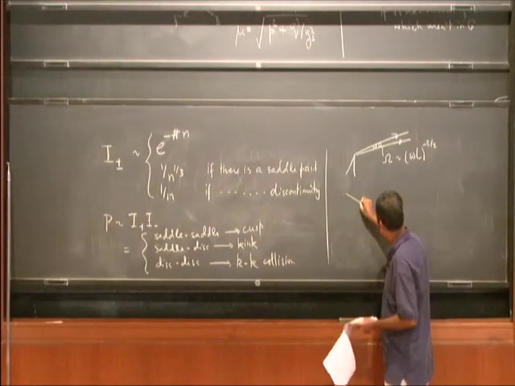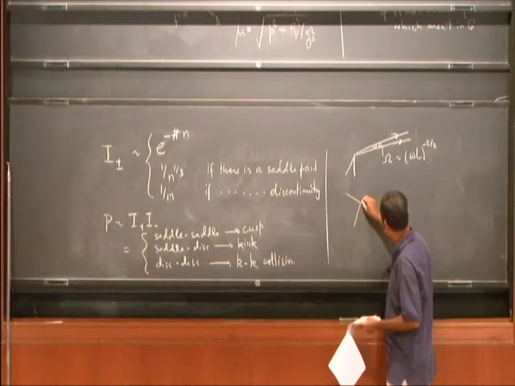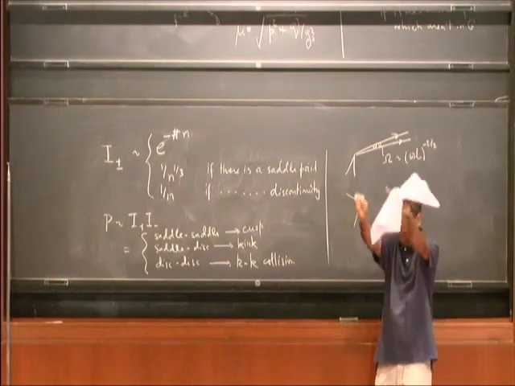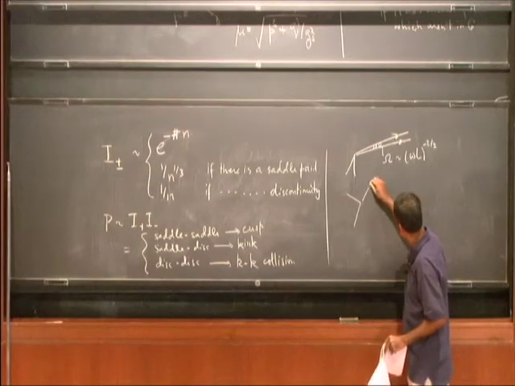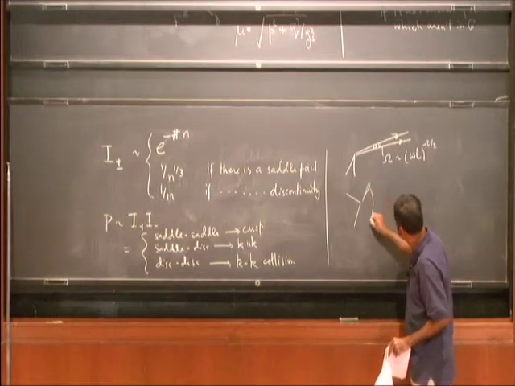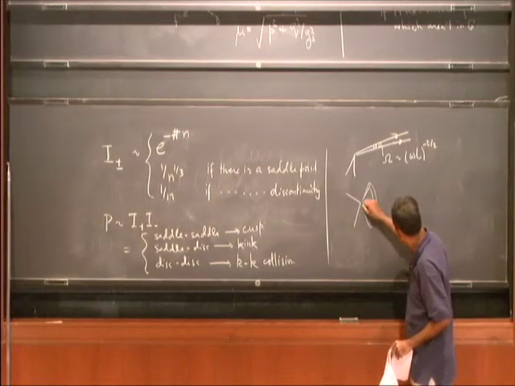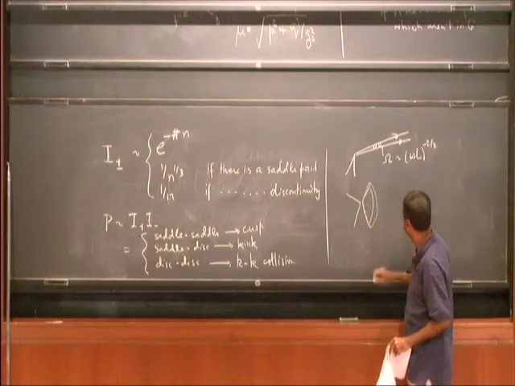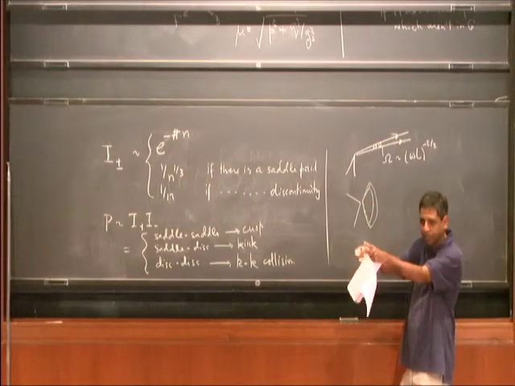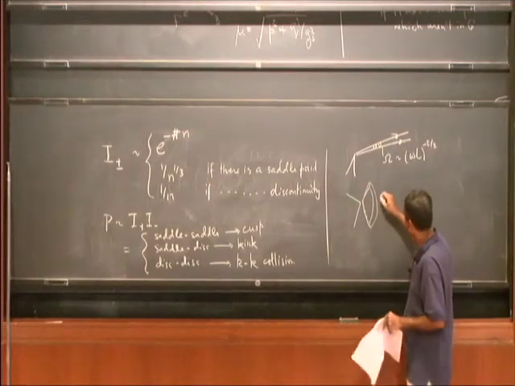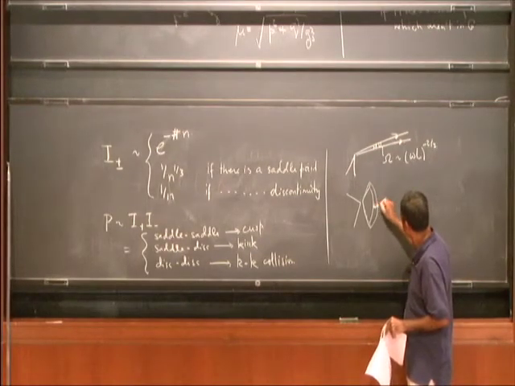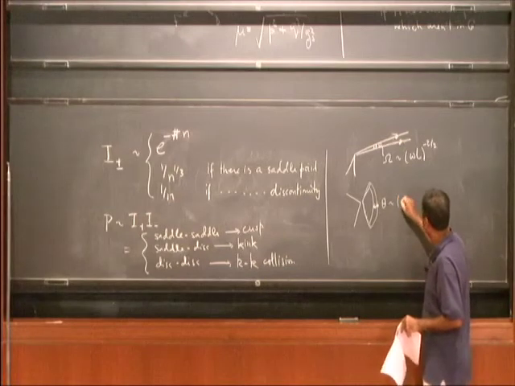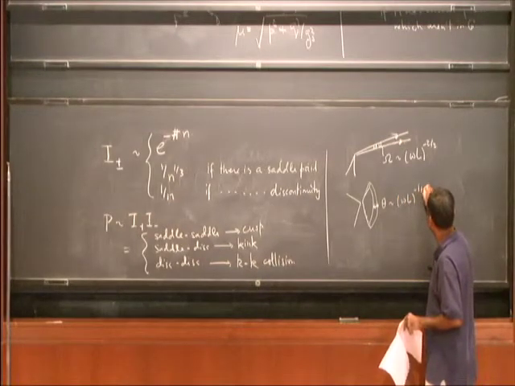The kink emits in a fan-like beam, so that's a little harder to draw, but let me try. It emits in a slice, and this angle theta is like omega L to the minus 1/3.